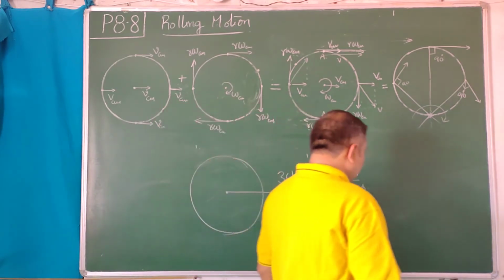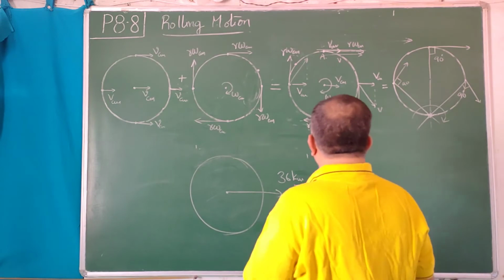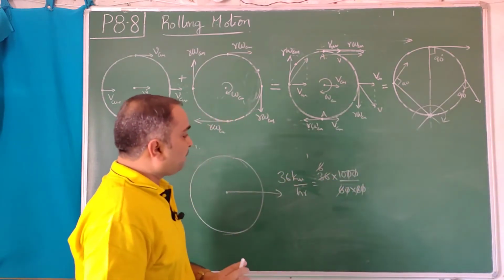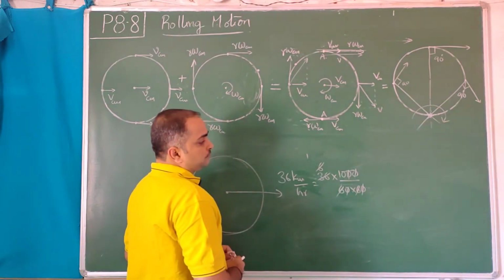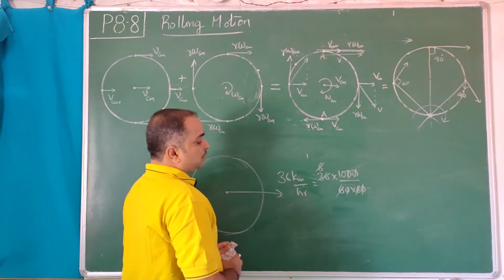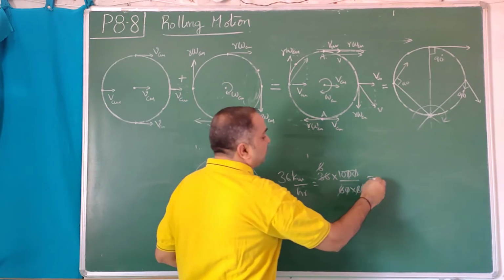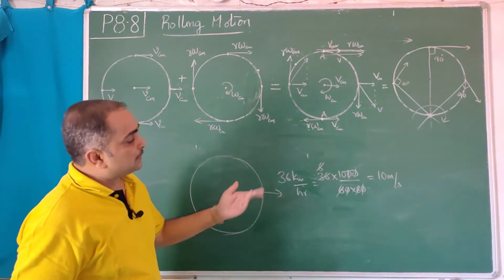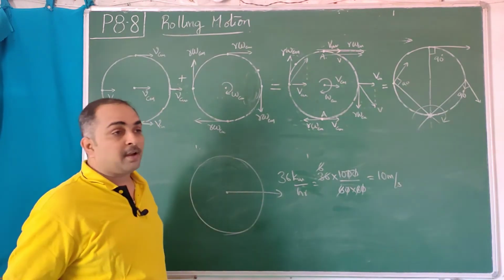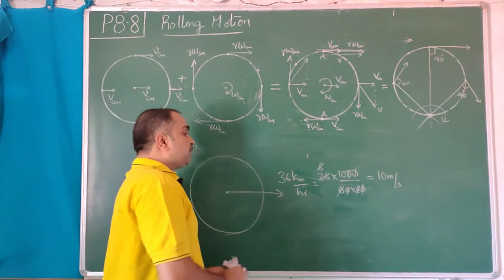Sorry, 5 by 18 should come. Multiply with 5 by 18, you will get 10 meters per second. Okay, 10 meters per second.